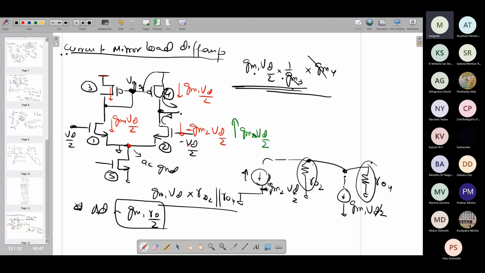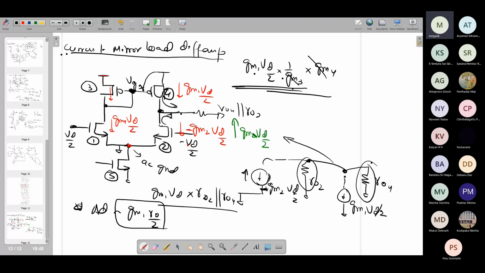Here I have tried to do the small signal model also, trying to show the current direction and how we can also do the exact analysis, showing that because of the VG, how much small signal current is produced, and then when we say that this current is flowing into the output impedance, what does it mean? Because ultimately the output impedance at this point is nothing else but RO4 and RO2 in parallel, and it is coming from this scenario, right?